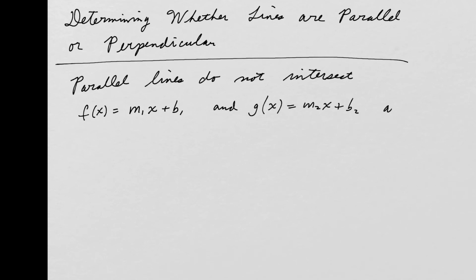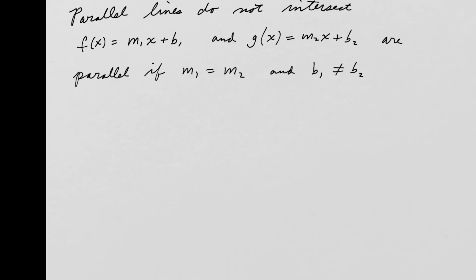Well, they're going to be parallel if their slopes are the same. So if m1 equals m2, and we should also say the y-intercepts are different, so b1 does not equal b2. Otherwise, it would be exactly the same line. So if the slopes are the same and the y-intercepts are different, then the two lines are parallel.